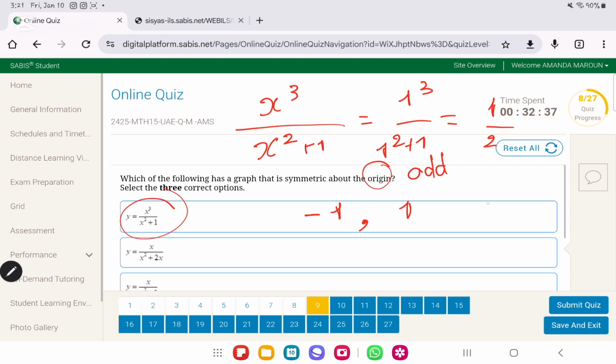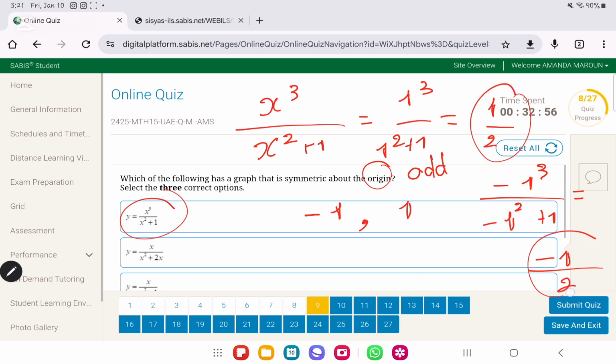Then if you do -1, you have -1 to the power of 3 divided by -1 to the power of 2 plus 1, which gives us -1 divided by 1 plus 1, which is 2. As you see, they gave us opposite answers. They are the same number, 1 over 2 and 1 over 2, but one of them is negative, okay? That means this is an odd function.